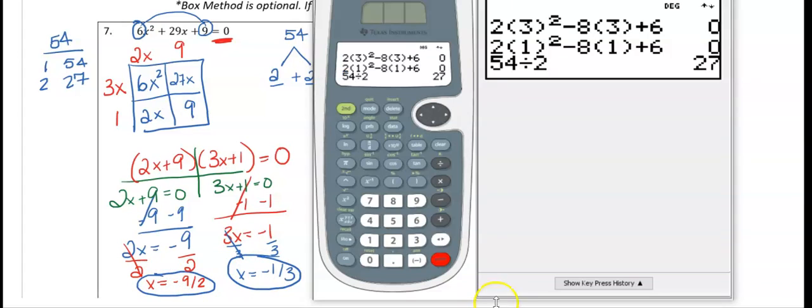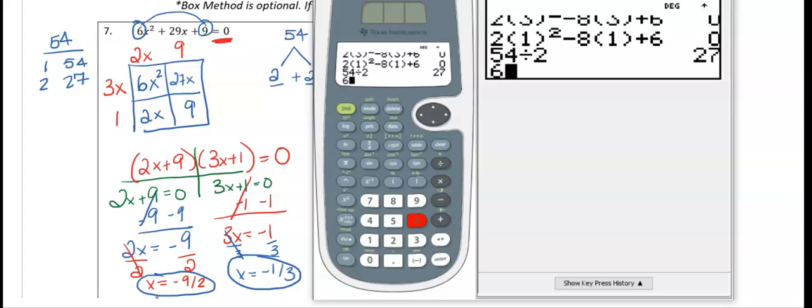Again, I can check my answer to make sure I've got it right. All I do is start with the equation that I started with, and instead of x, I plug in one of my answers. So for example, I've got 6, and instead of x, let's do -9. Oops, sorry, that's going to do a subtraction, that's not a negative sign. Can't do it from the computer tab.